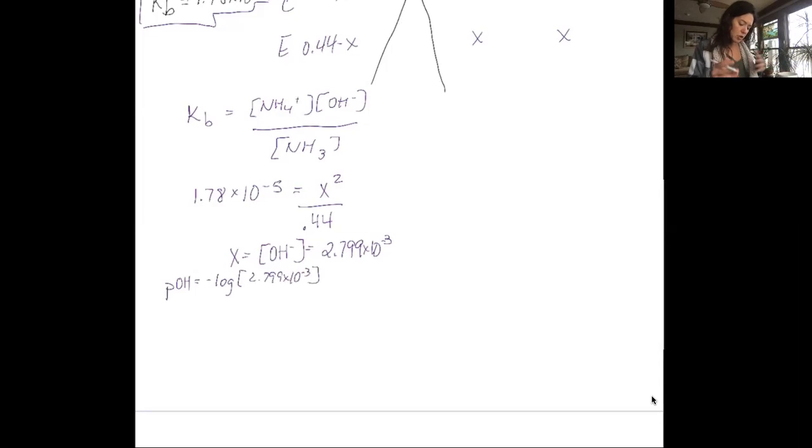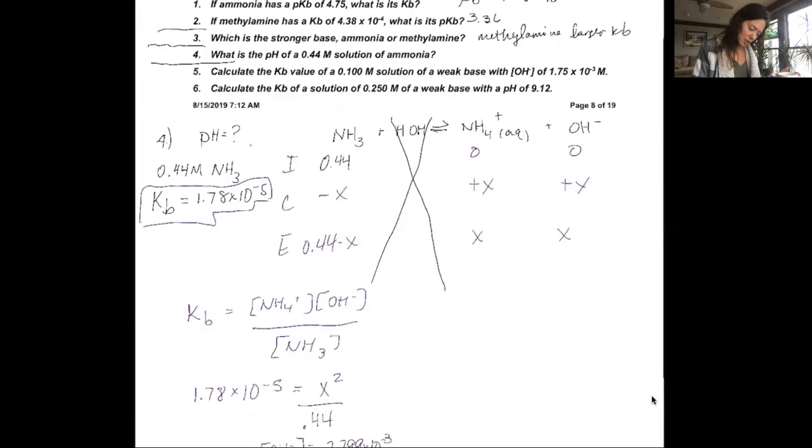That should be below 3, so it should be between 2 and 3, closer to 3. I have it right here. pOH equals 2.553. pH equals 14 minus that, 11.45.